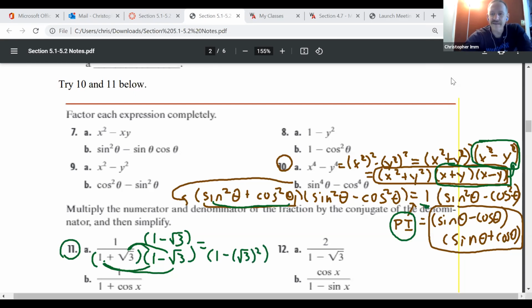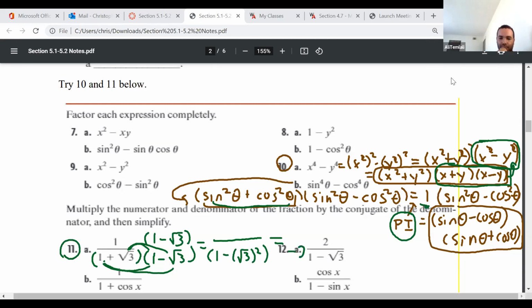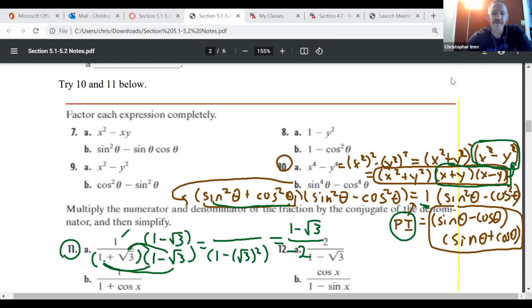All right. So when I take that out of the denominator, I have 1 minus 3, which is negative 2. And then in the numerator, I have 1 minus a root 3 times 1, still 1 minus a root 3. And we really don't want to leave that negative in the denominator.